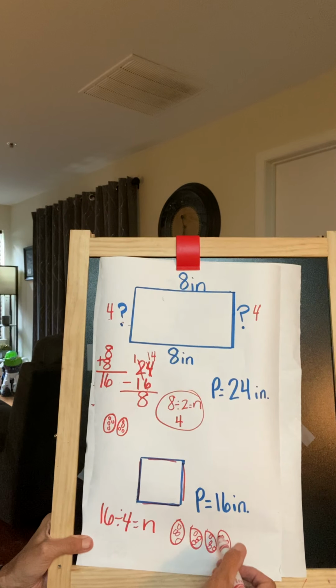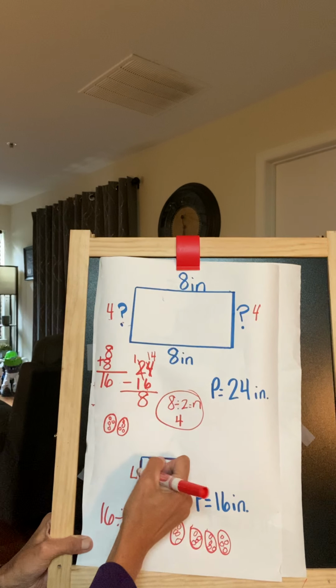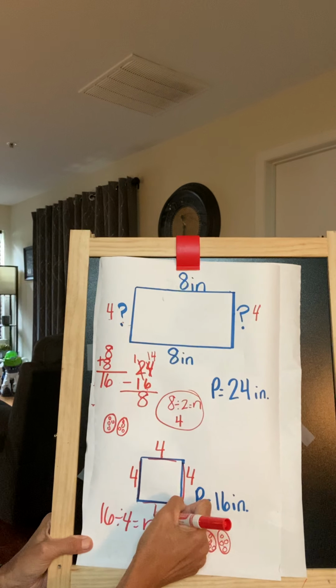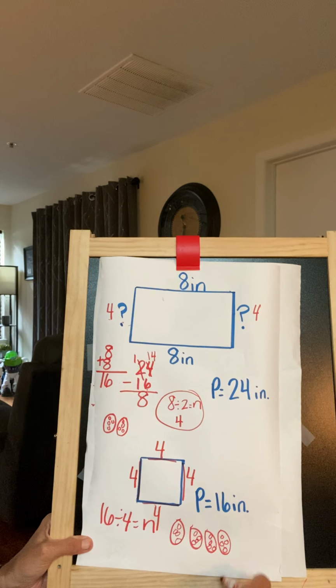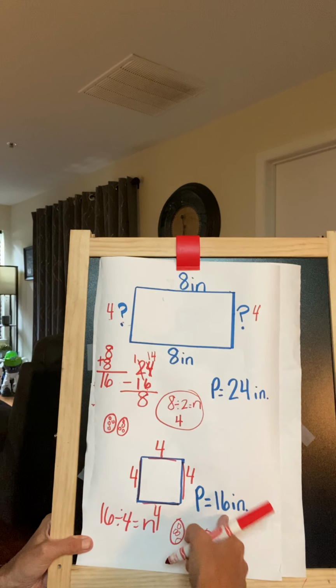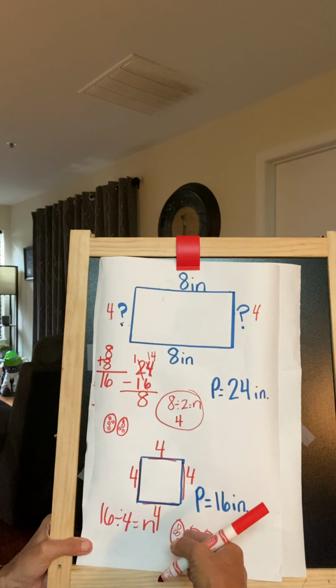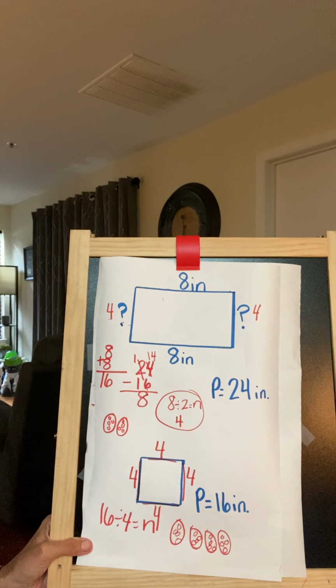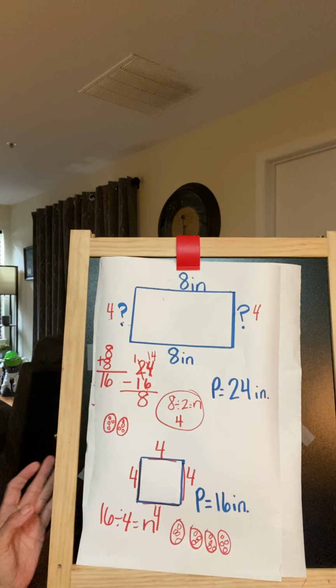How many are in each group? 1, 2, 3, 4. So that means that this is equal 4, 4, 4, 4. Because, remember, I'm going to add up all my sides, it's going to equal 16. And in this case, why did I divide by 4? Because I have 4 equal sides. So each side equals 4.